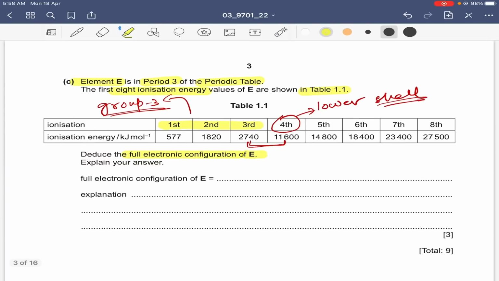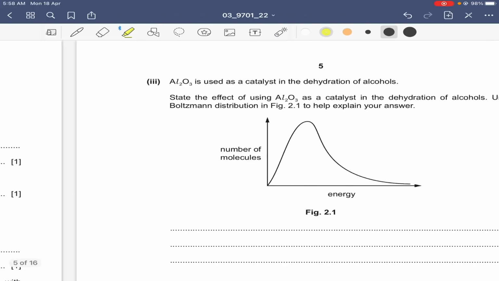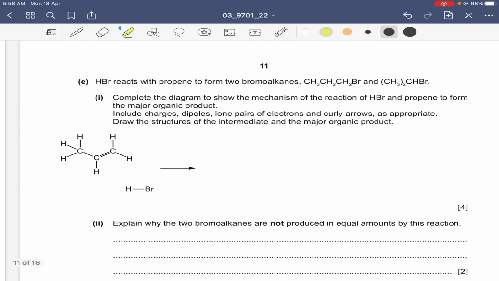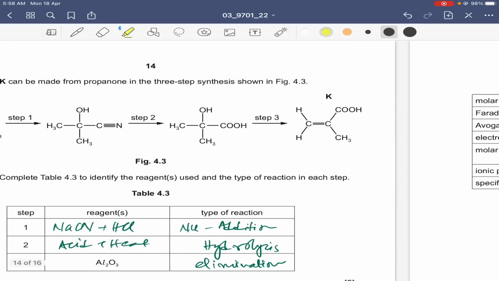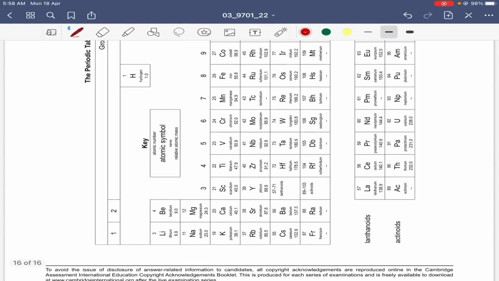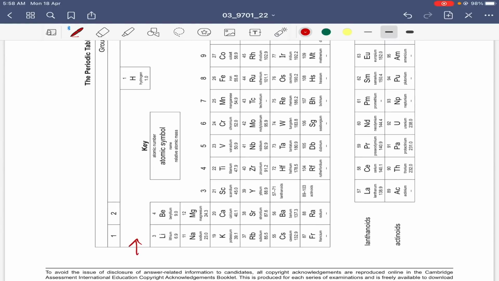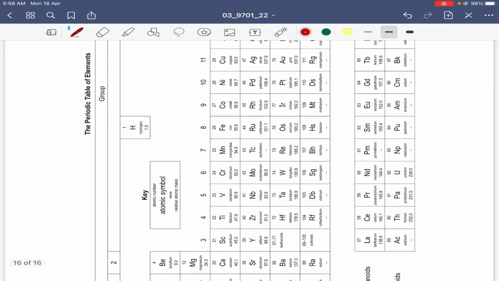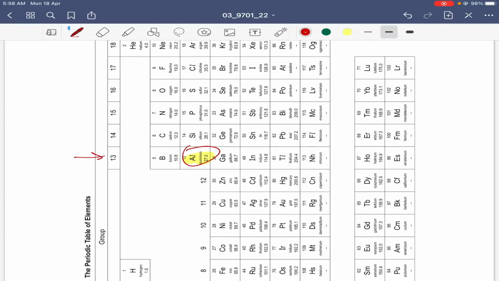All right, so we have to find out an element which belongs to period 3, and it is a group 3 element, so that is aluminum, right? Aluminum belongs to period 3. This is first period, second period, and this is third period, and this is group 3.